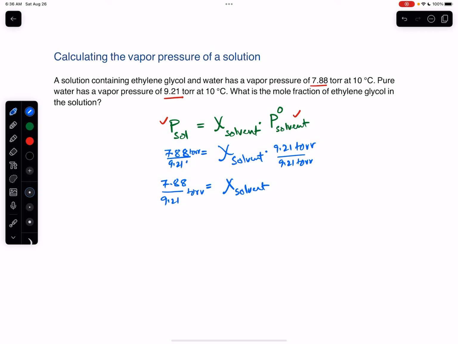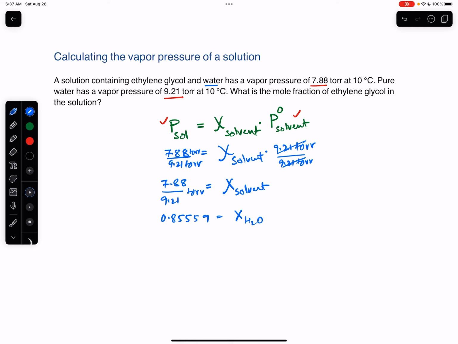Those two go away, and then this simplifies to 0.85559, and then the digits carry on, but we don't need any more. So that is the mole fraction of the solvent, which in this case happens to be water. So let's just go ahead and write that as water.